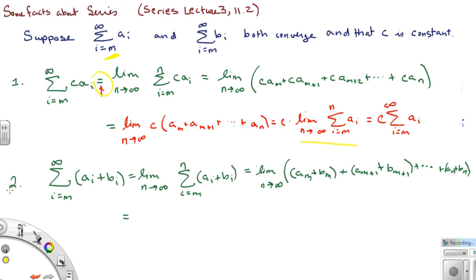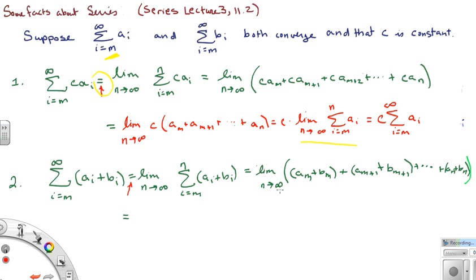Okay, so let's go down to this item 2. Now I'm adding the terms of the two series, and I've got this new series. And I really want to understand what's happening with that. Again, by definition, if this limit is finite, then this series converges to that limit. But let's analyze that limit. Well, I can expand those terms.